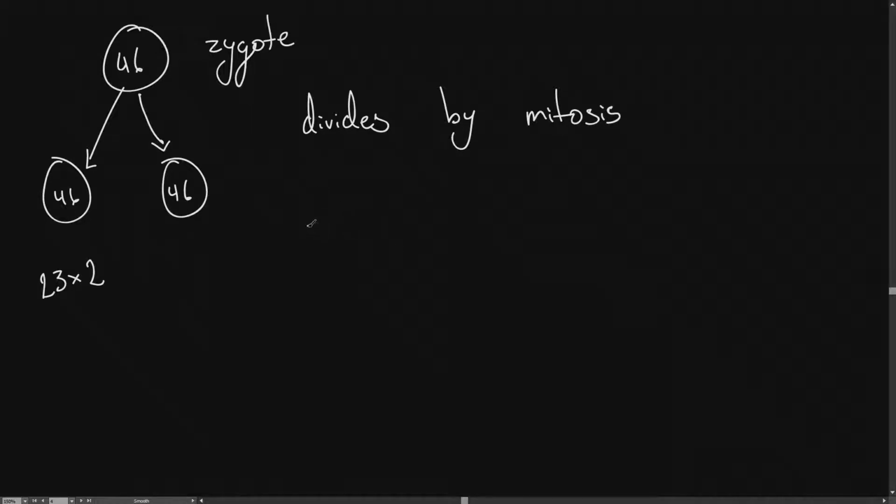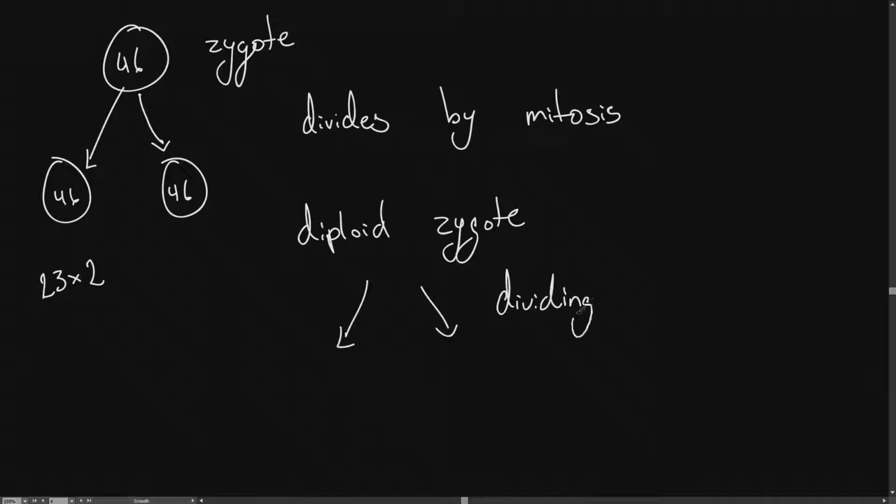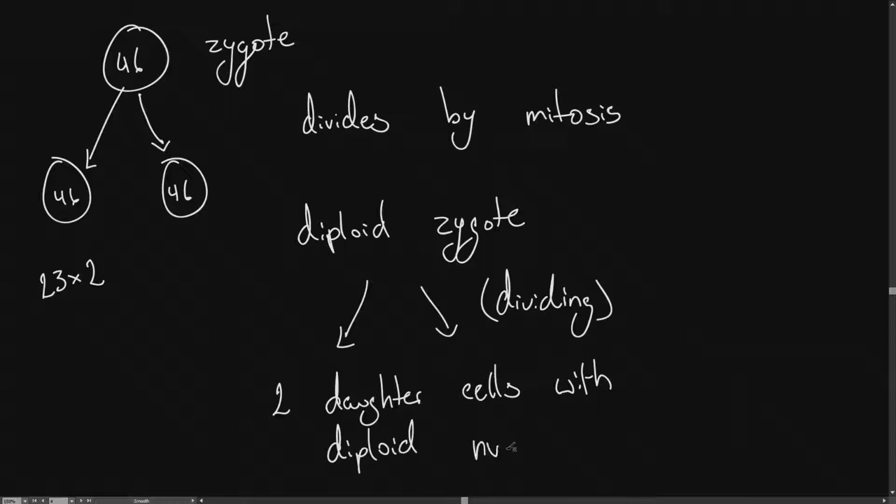And this means that a diploid zygote, while dividing, will produce 2 daughter cells with diploid nuclei.